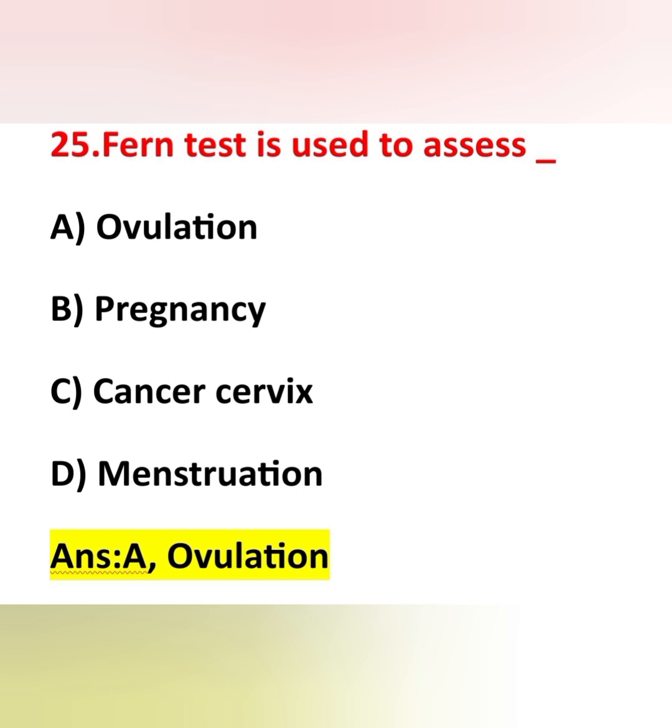So this test gives indirect information regarding ovulation and fertility. If amniotic fluid leakage is there in the options, that is also correct. Here option A is the correct answer.